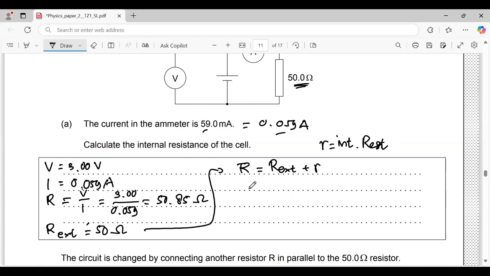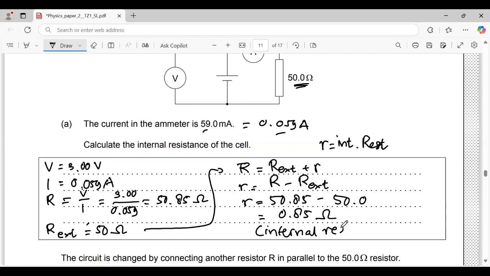Okay. So internal resistance equals total resistance minus external resistance, or 50.85 minus 50.0, and this is 0.85 ohms. So the internal resistance is this one, 0.85.